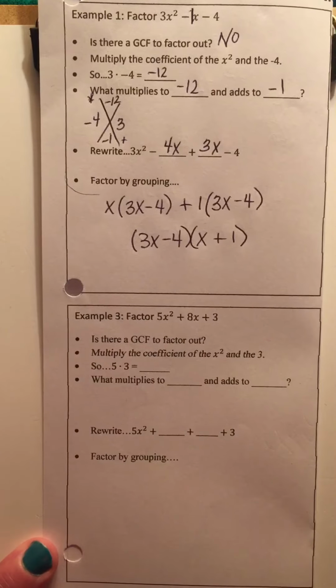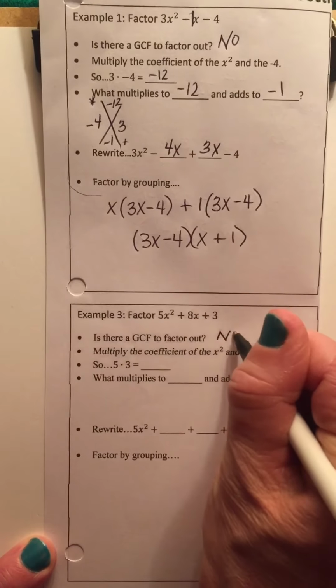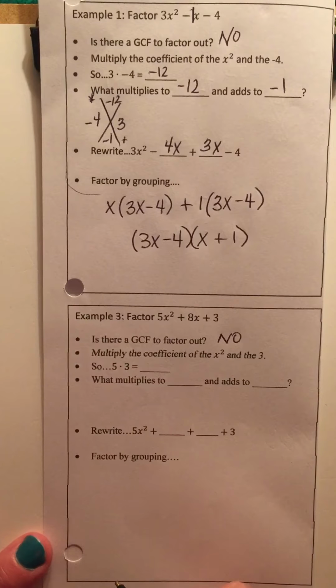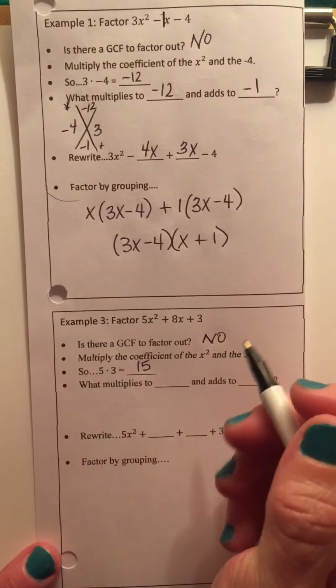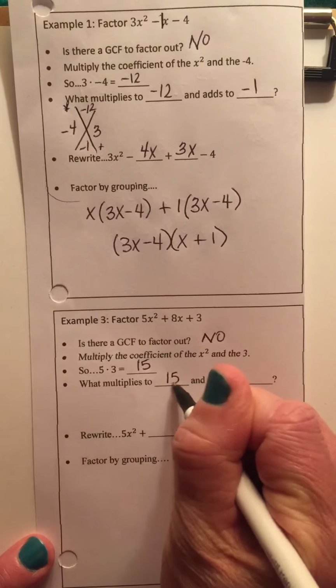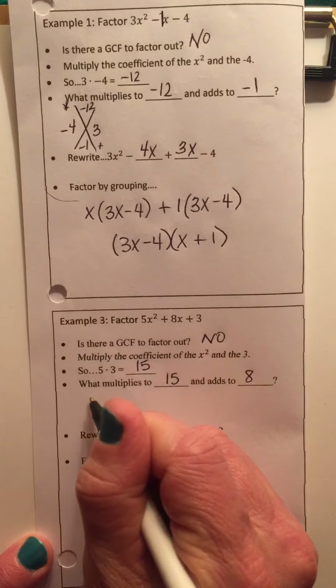Example 3, factor 5x squared plus 8x plus 3. No, there is not a greatest common factor. So we're going to multiply the coefficient of the x squared and the 3. 5 times 3 is 15. What multiplies to 15 and adds to 8?